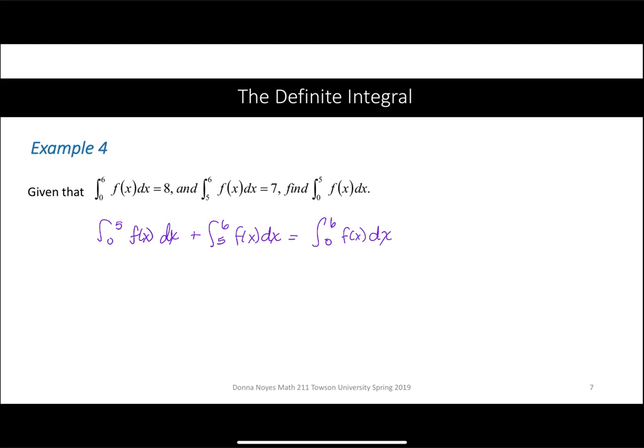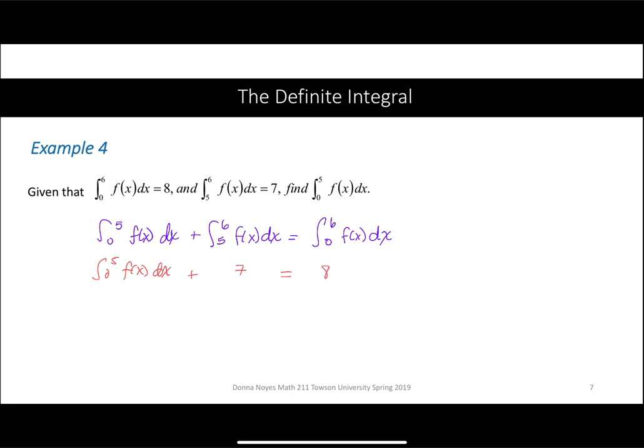What I do know there is that the integral from 5 to 6 is 7. What I don't know is the integral from 0 to 5 of f of x dx. But I do know from 5 to 6 it's 7, and from 0 to 6 it is 8.